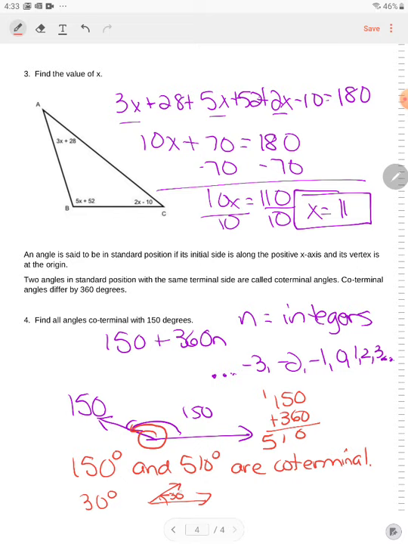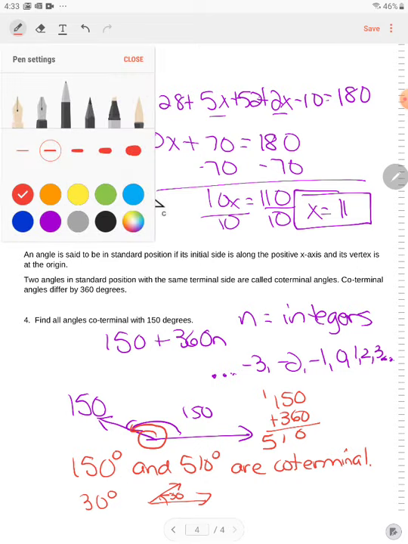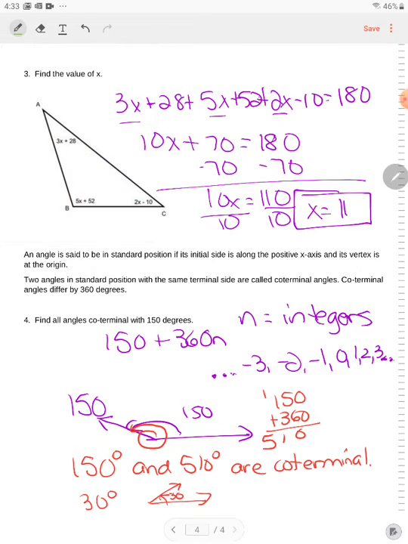If we want to go negative, if we want to subtract 360, we start on the x-axis. We go down and around, and we are going to end up at the same spot. So 30 minus 360 is negative 330. That means that a 30-degree angle and a negative 330-degree angle are coterminal.